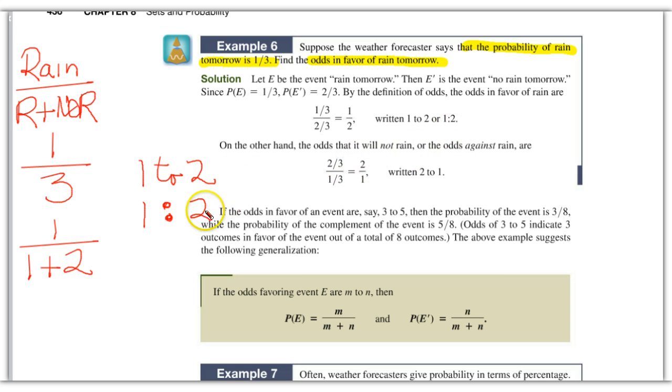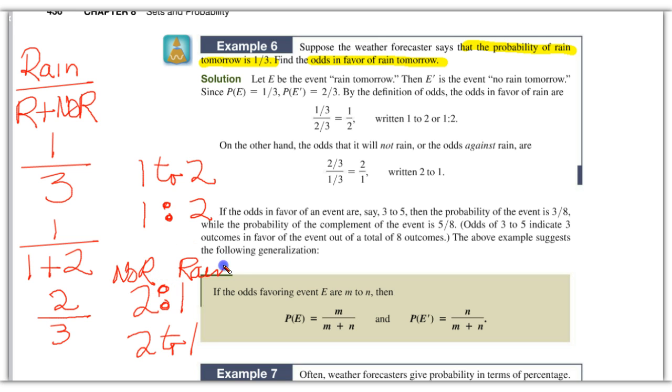Now, if you want to say, what are the odds of having no rain? Well, if it's 1 out of 3 for rain, then it's going to be 2 out of 3 for no rain. That's the probability. But then the ratio of odds would be 2 to 1, no rain to rain. So, again, they're similar, but you'll be challenged on knowing the difference.